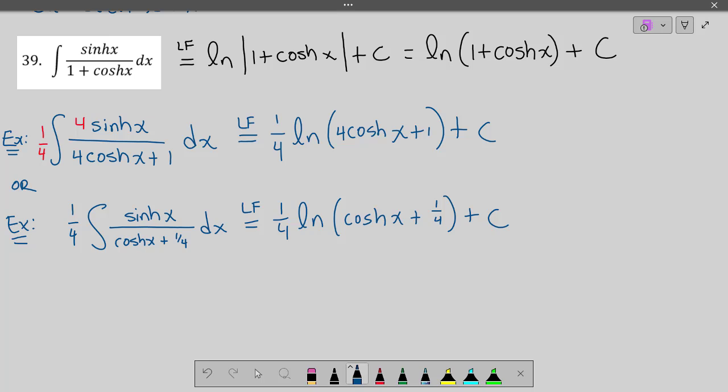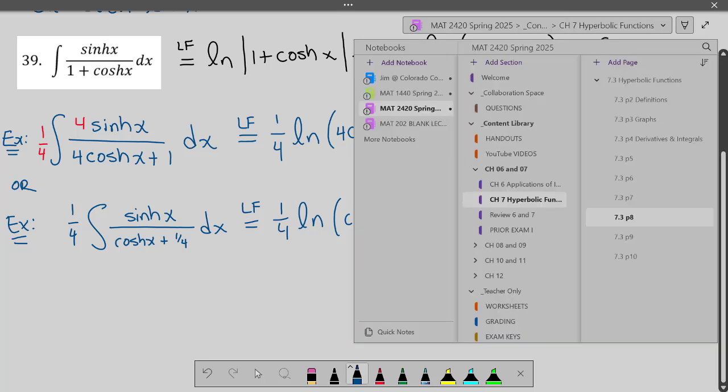If you were to graph both of those, they would have the same exact graph. Okay, any questions on those? So log form, if you can recognize log form, it just will save you some time for sure.